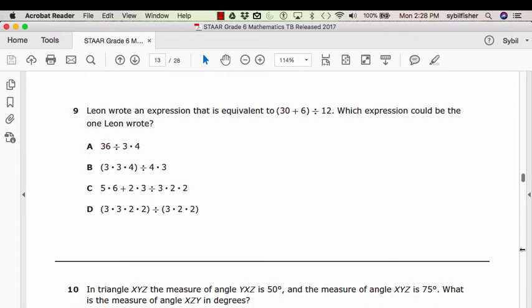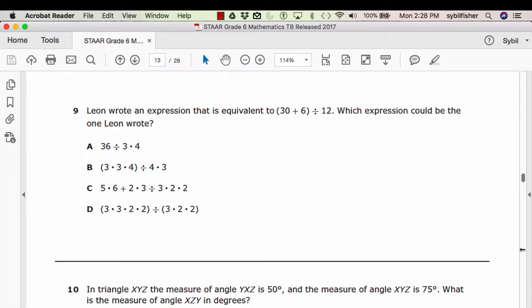Or C, 5 times 6 plus 2 times 3 divided by 3 times 2 times 2. Or D, parentheses, 3 times 3 times 2 times 2, close parentheses, divided by parentheses, 3 times 2 times 2, close parentheses.